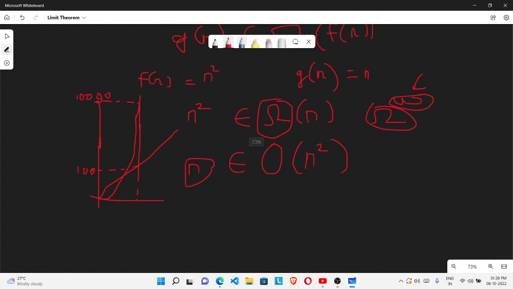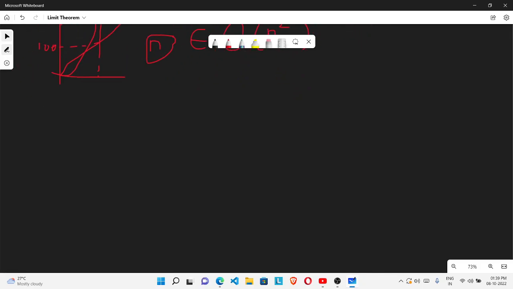Okay, so now how do we write it in a formula? I'll explain how that formula is derived also. It's super intuitive and easy to understand. What that formula tells us is limit n tends to infinity, because asymptotic means a very large value of n.